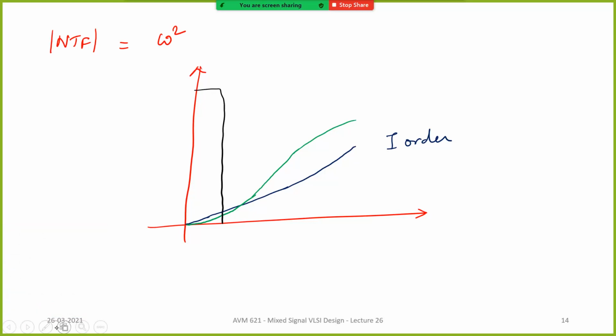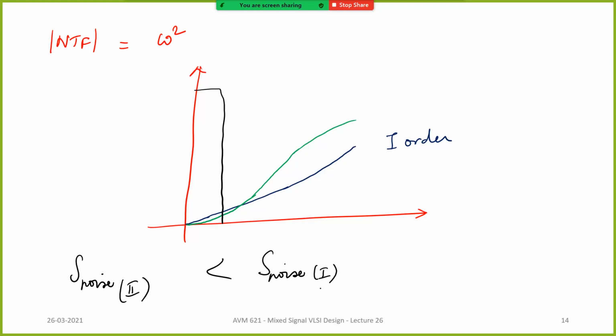So here you can see that one is linear and the other is quadratic. So the integrated noise of second order is going to be lesser than the integrated noise of the first order, okay?